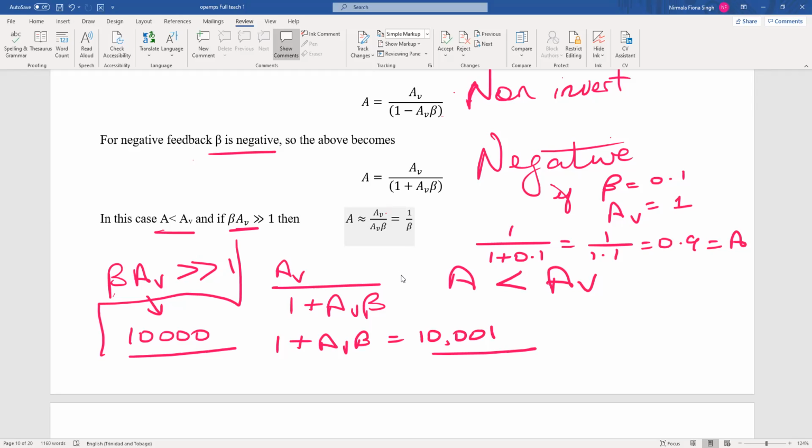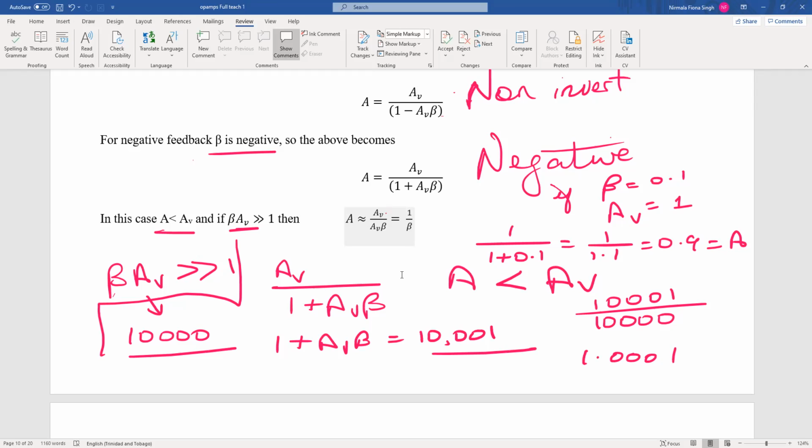Divide the two numbers and tell me what you get. If you take 10,000 and 10,001, what's the difference? It's basically the same number, right? 1.0001.